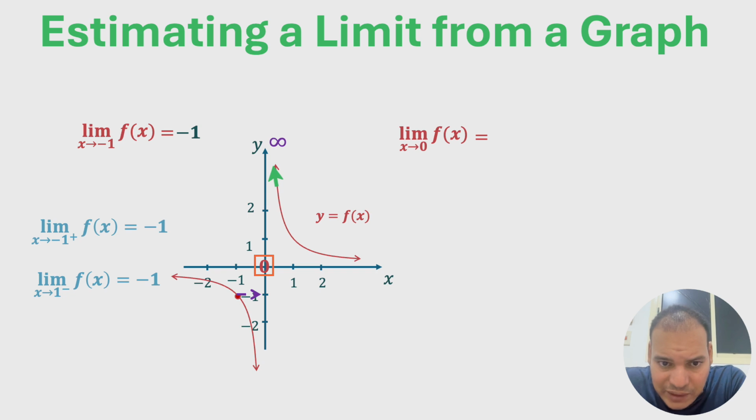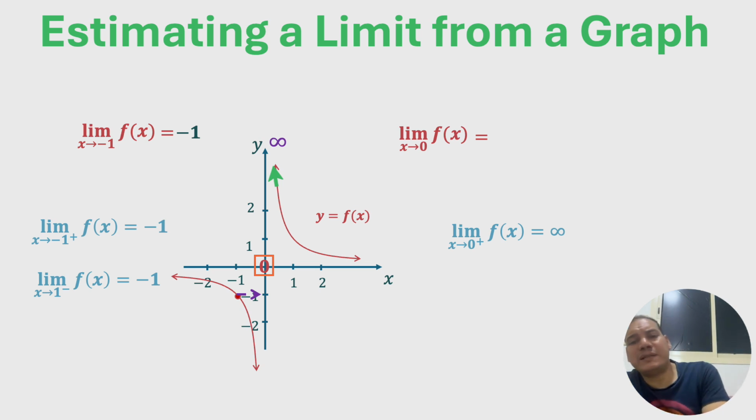There is no y value here. The graph doesn't have a corresponding value. It keeps going on and on forever. So we say the limit of f of x when x gets closer to 0 from the right, 0⁺, remember positive is written as an exponent, is equal to positive infinity. There is no corresponding y value. It goes on and on forever.